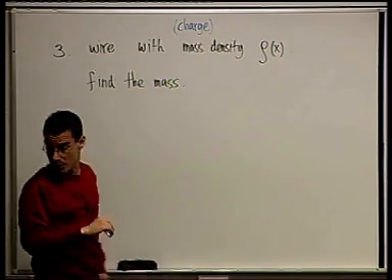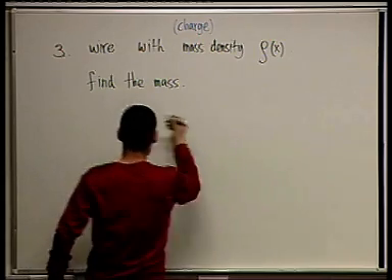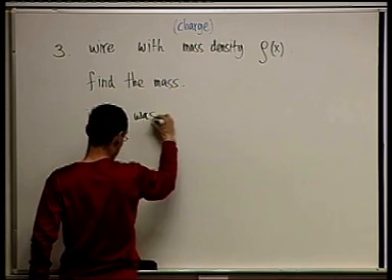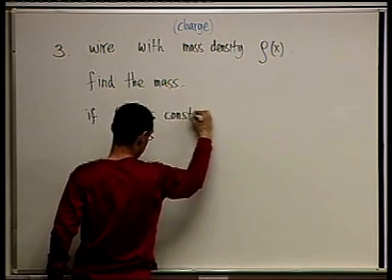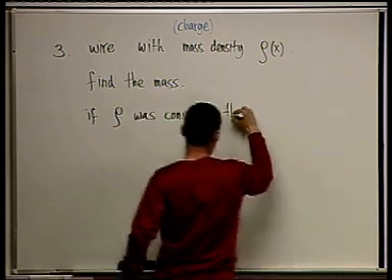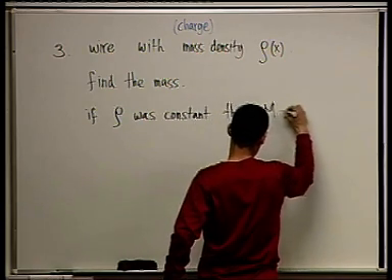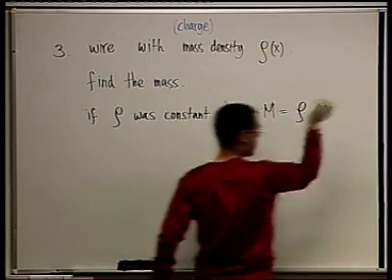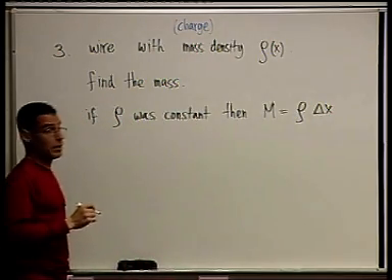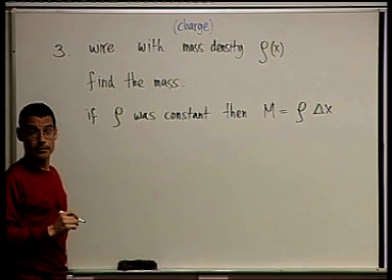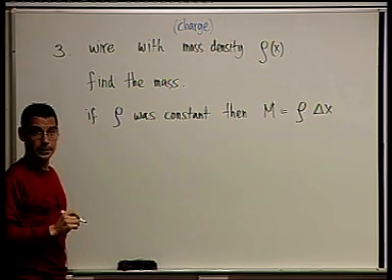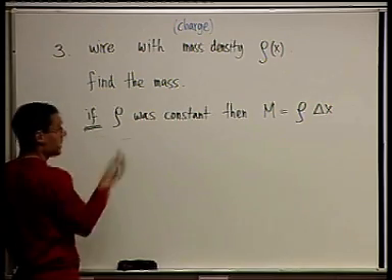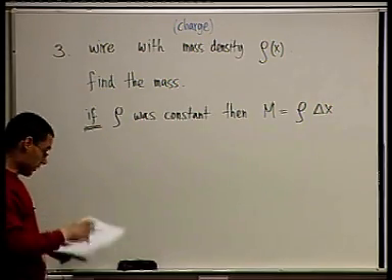So if rho was constant, then the mass would be rho times delta x, the length of the wire. Do you agree? If it is, this is if, but it's not. It's rho of x. It's varying.